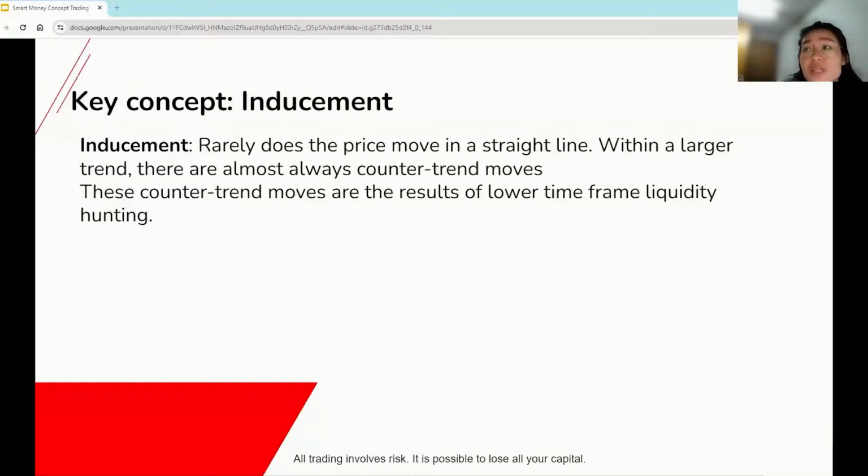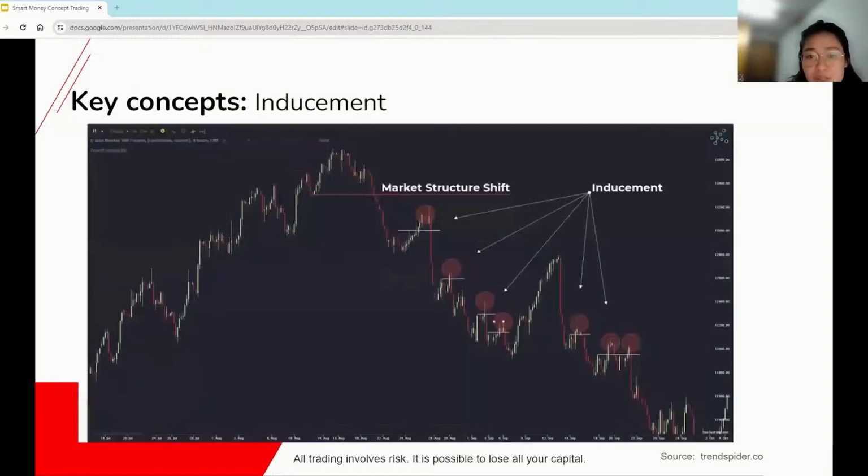In the example, we're talking about how price rarely moves in a straight line. Within a larger trend, there are always counter-trend moves. These counter-trend moves are always the result of lower time frame liquidity hunting. So inducement is specifically targeting these short-term highs or lows as areas where stops might be placed.